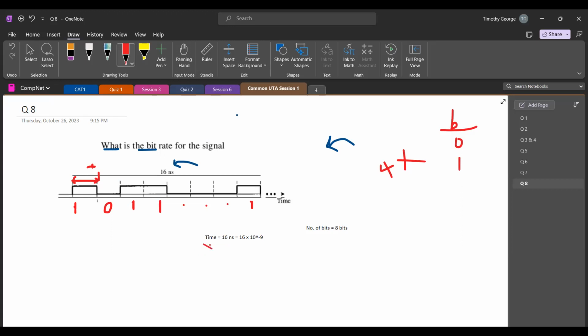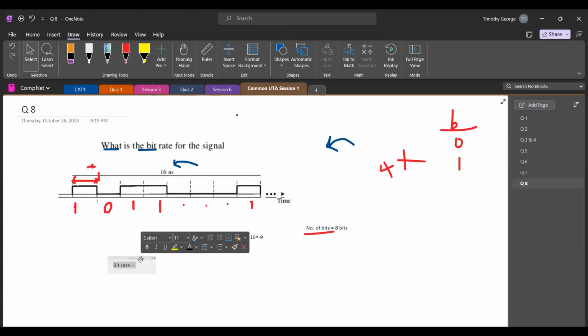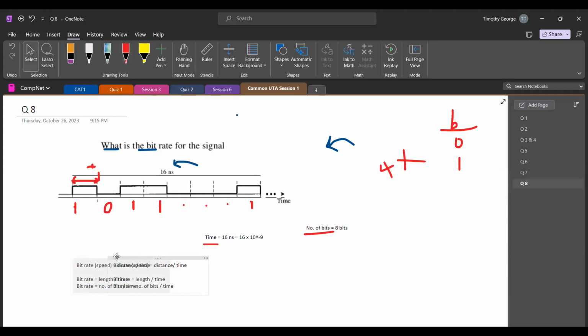We have time and we have the number of bits. Now we don't need to do anything else. Bit rate. Let me just copy the same thing that we had here. Bit rate is speed, distance by time, which is actually the length of the bit by time, which is the number of bits by time.